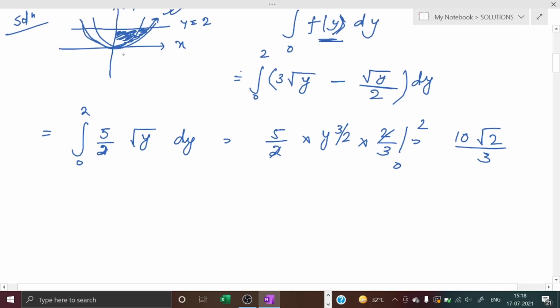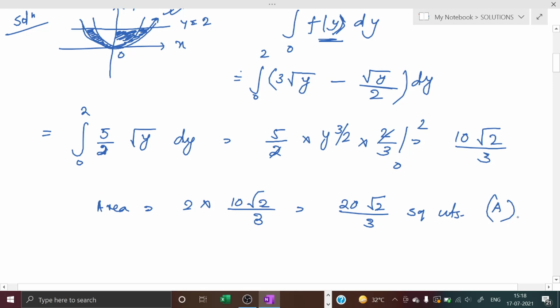If you find it again for the other part, it is symmetric, so it will be equal, so the net area would be 2 times this area, 2 times 10 root 2 by 3, which is equal to 20 root 2 by 3 square units. And your answer is option number A according to your question paper.